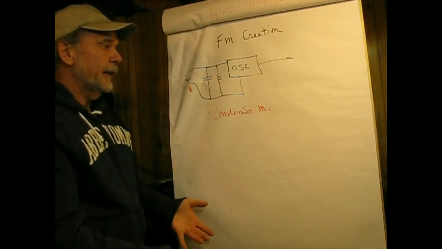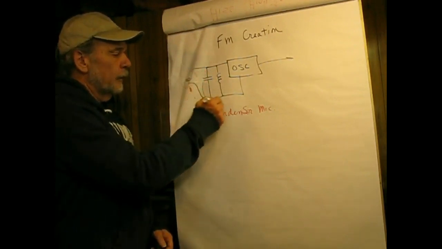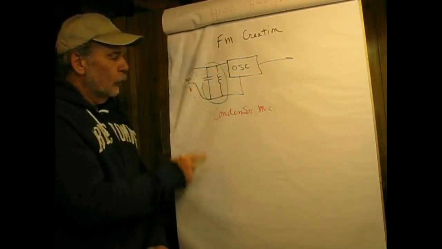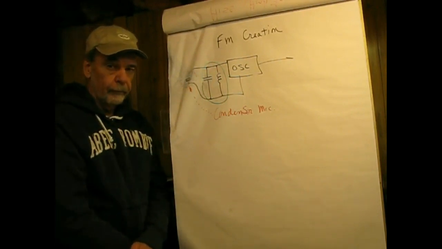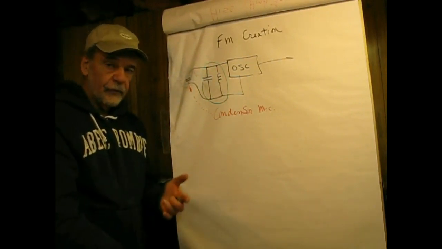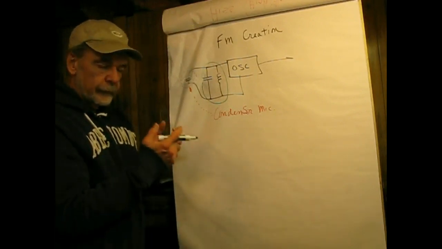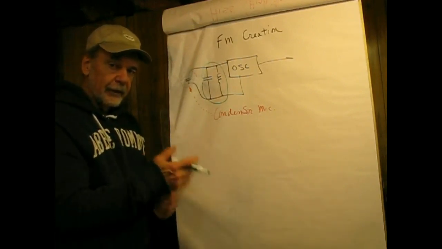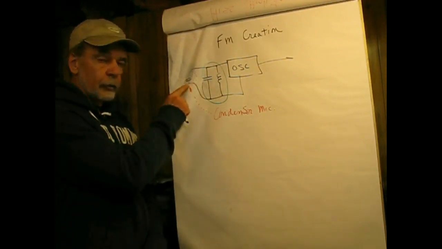Now, how do you make FM? Well, we have an oscillator here, and in it we'll take a look at a tuned circuit, and we're going to connect across that something called a condenser microphone. In days of old, capacitors were called condensers, but in modern language, condenser has been completely replaced by the term capacitor, except in condenser mics.